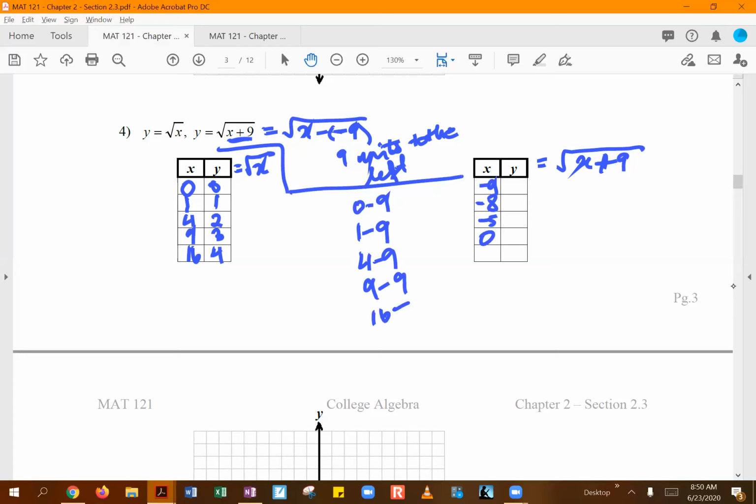And I'm not sure if we'll be able to graph this or not, but we'll go ahead and check for it. 16 minus 9 will, of course, end up giving you 7. Yeah, 7 as your answer. So what kind of y values are you looking at for this square root of x plus 9 function then?